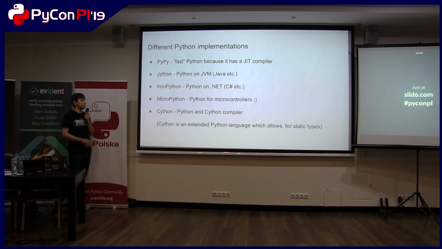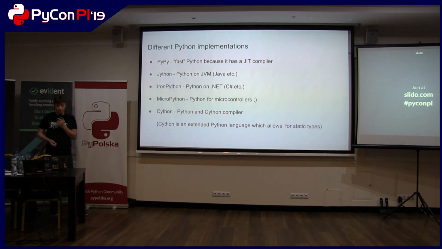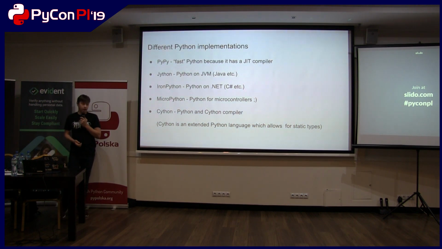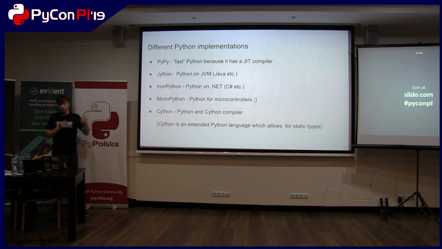So why not have those Python implementations there and plug them in? This means that basically from Jython or IronPython you can use all the classes that the JVM or .NET provides you. So it's the Python language with all the Python libraries, or not usually all, but most of them, but also with the libraries from those frameworks, which is nice.